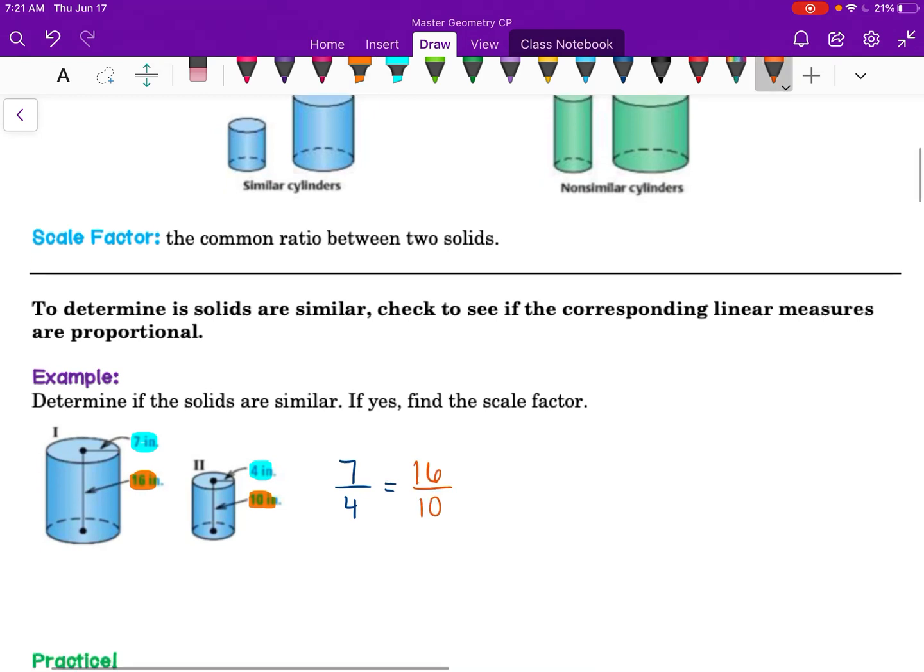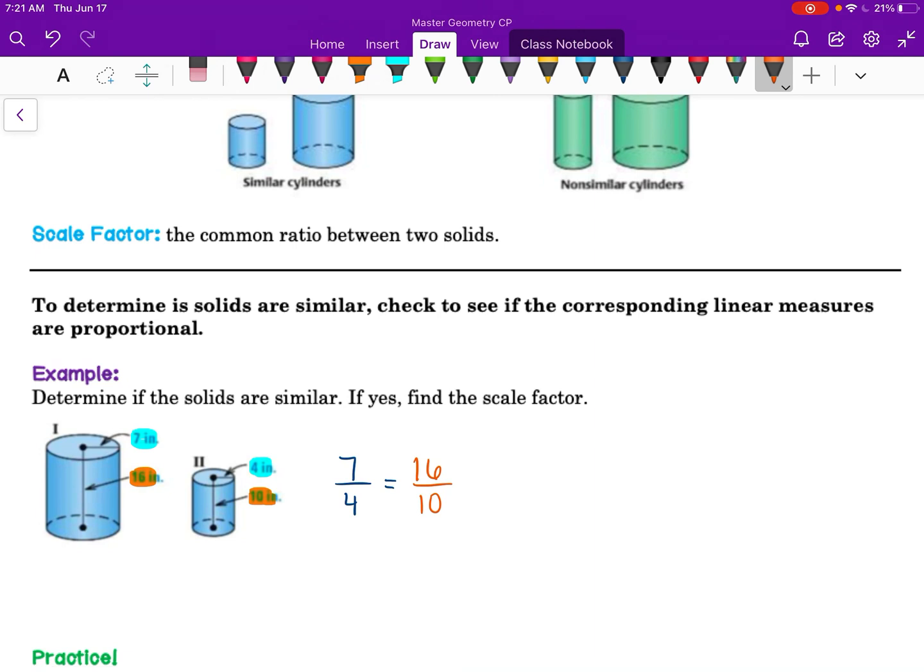So we want to simplify these ratios to see if we have a common scale factor here. 7/4 can't be simplified. And if we simplify 6/10, we're going to get 3/5. So in this case, no, these solids are not similar because the ratios of corresponding sides are not equal. Therefore, we can't find a scale factor.